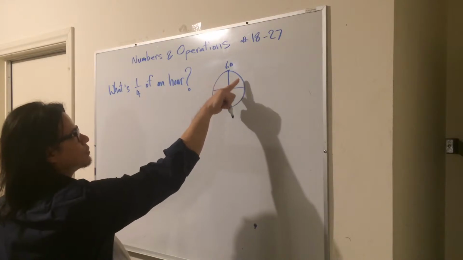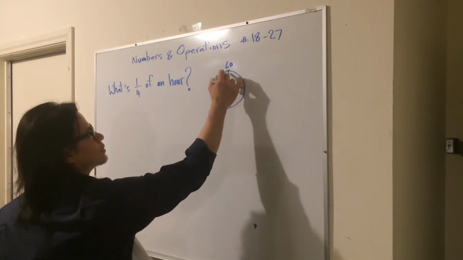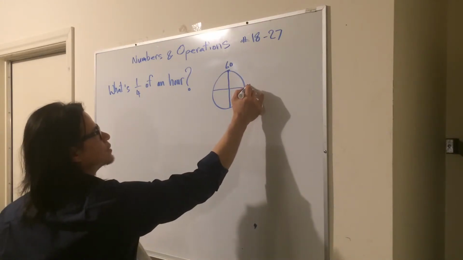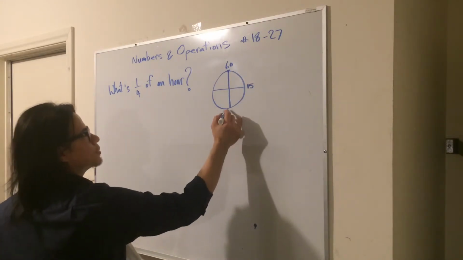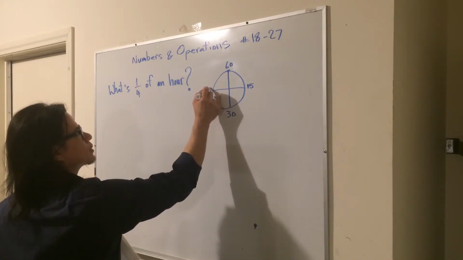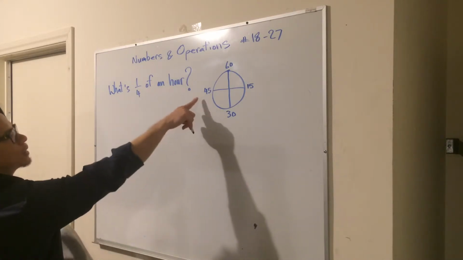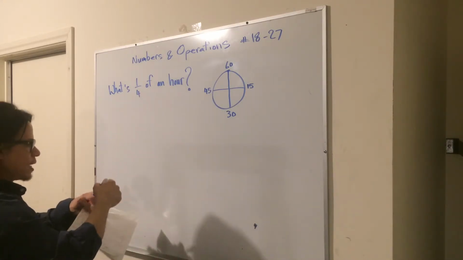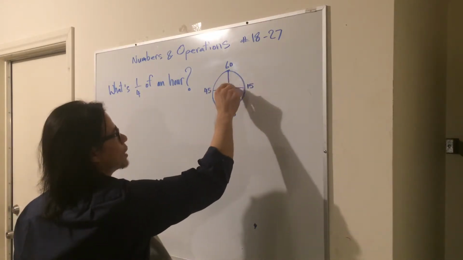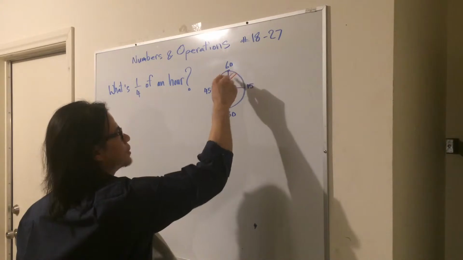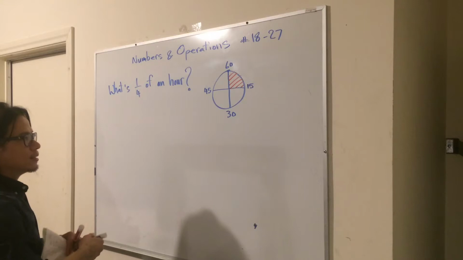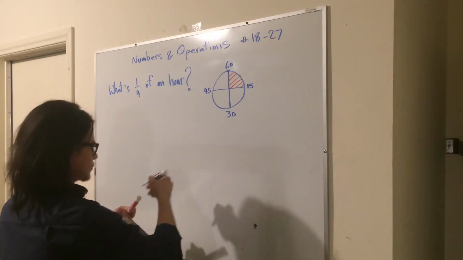If you think of it in terms of a clock, from the top to the right side here is 15 minutes. If you go to the bottom, it's 30 minutes, then 45 minutes. So 1/4 of an hour is 1/4 of a whole circle. That is 15 minutes.